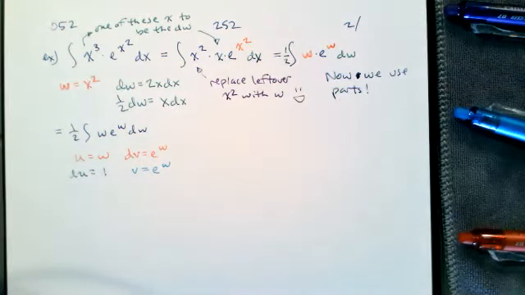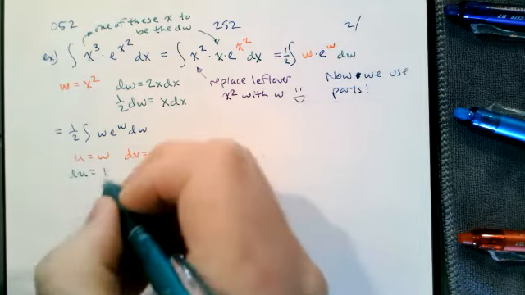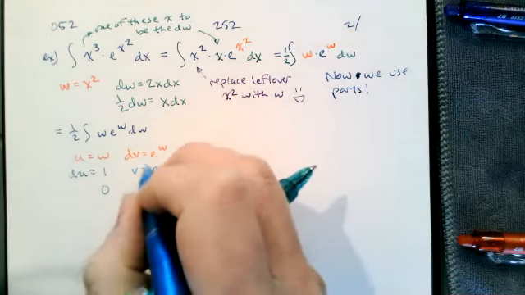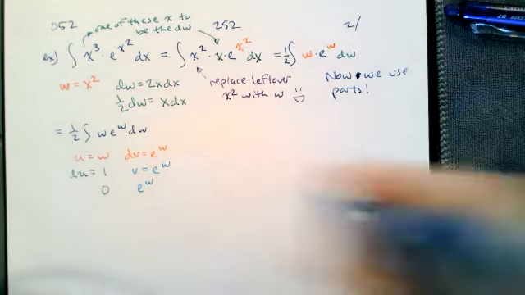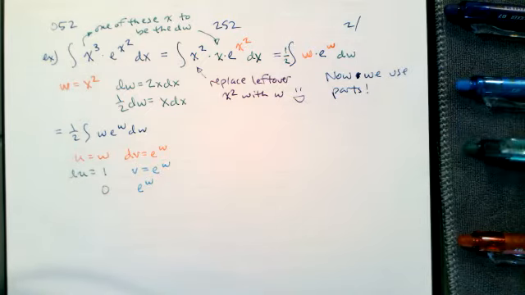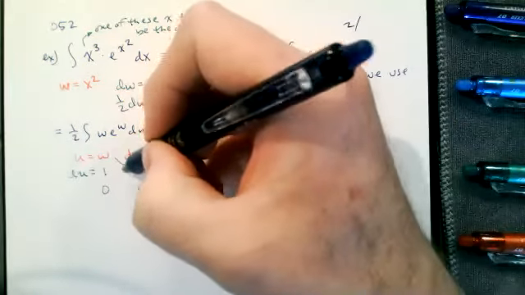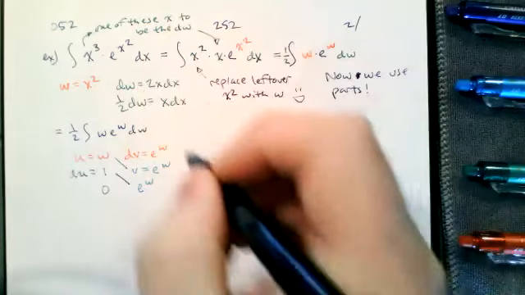And we should notice that our u will differentiate down to 0 while the dv column just stays e to the w. So I'm going to differentiate this all the way down to 0. For every derivative, I need to take an integral or an antiderivative. Then I'll make products down diagonals, w e to the w and 1 e to the w.